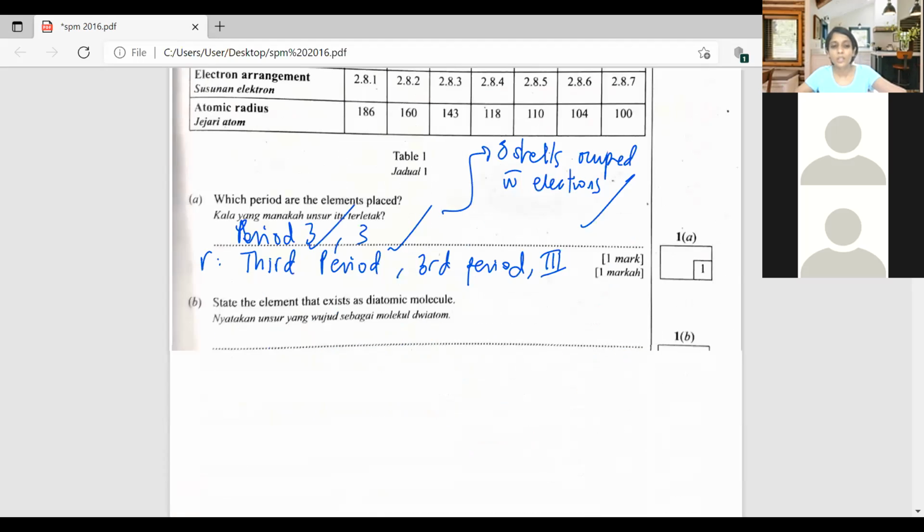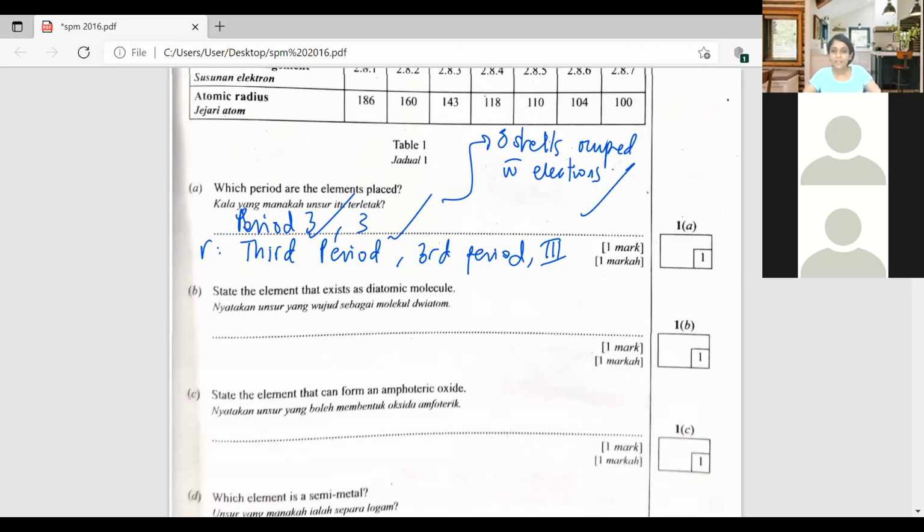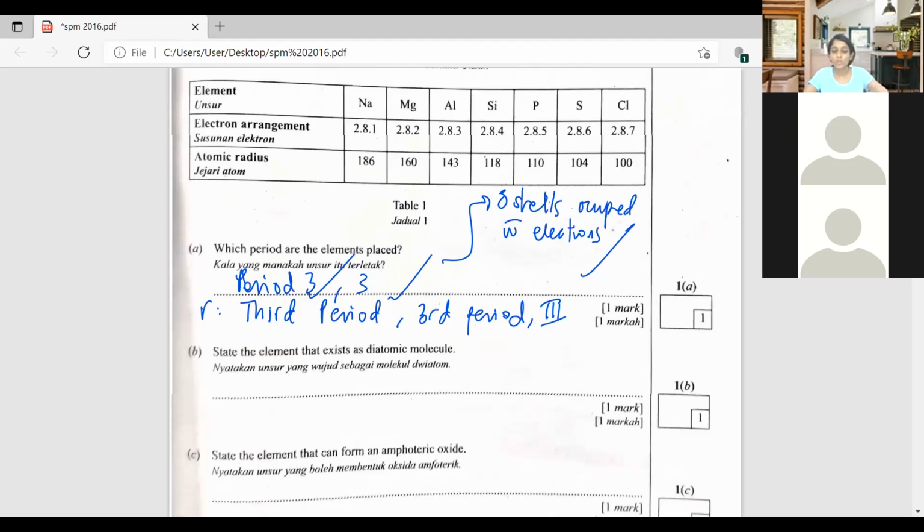Okay. Next one, state the element that exists as a diatomic molecule. So we try to go faster because this question is easy. Which one is diatomic? Anyone can give me the answer. It doesn't have to be Irina and Brandy only. Okay, so Brandy puts Cl. Any other answers that are accepted?